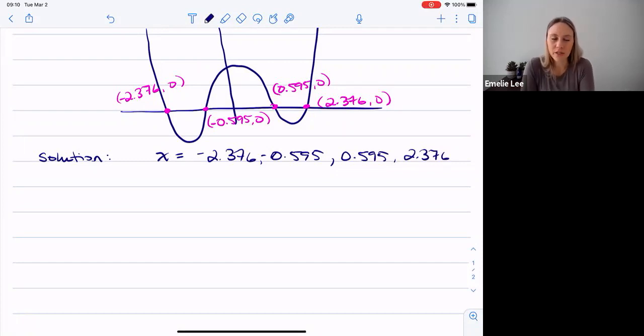Usually it wants it entered as a comma separated list, like this. And usually they have it set up so that the x equals is on the outside, so you shouldn't be putting that in, just the answers. So these are all the real solutions.